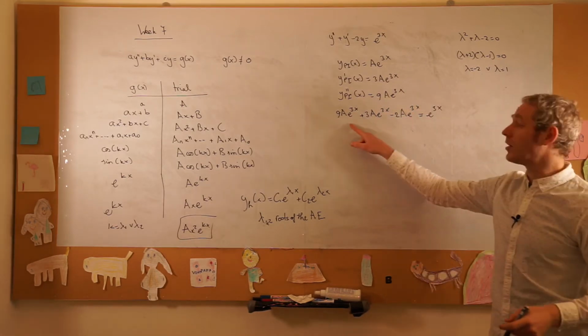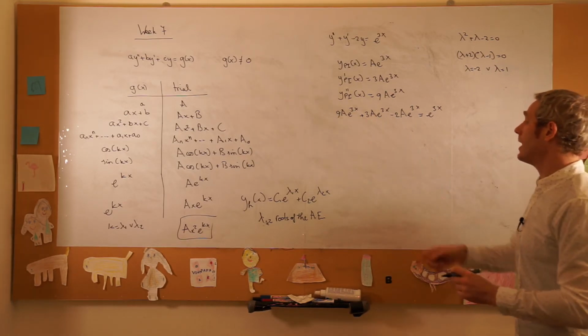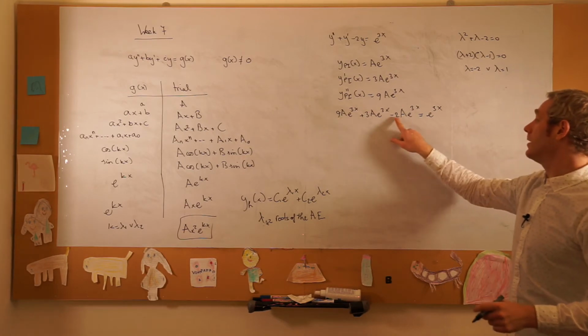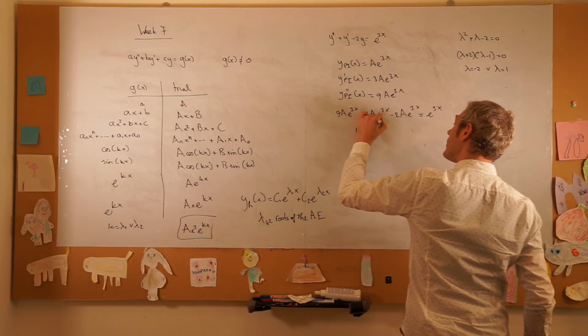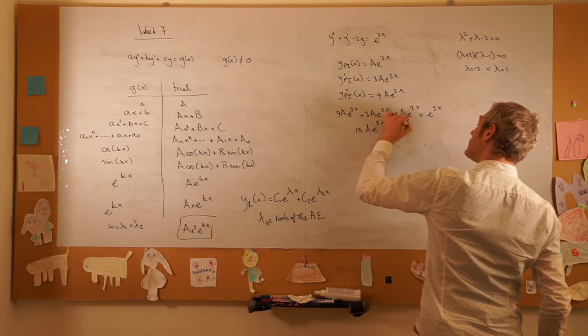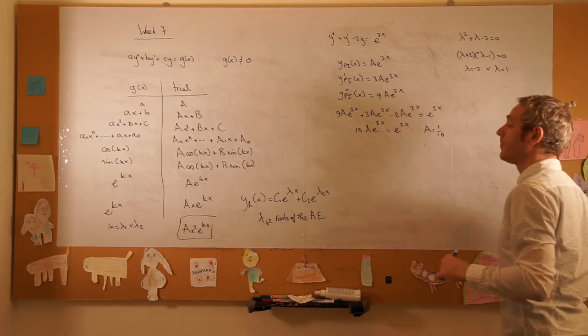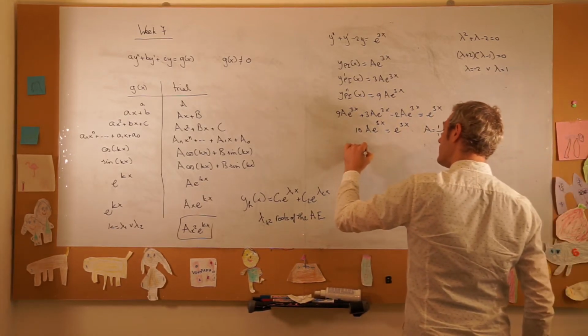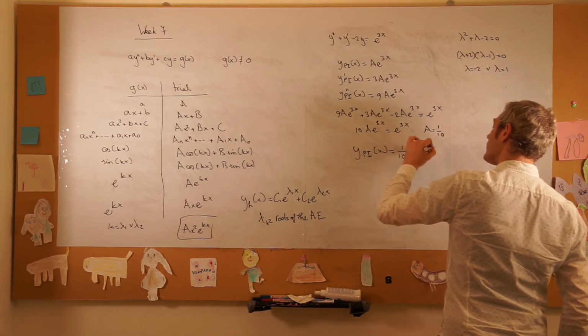Now these are all terms of the form something times e to the power of 3x. I have 9 plus 3 minus 2 is 10a e to the power of 3x, which has to be equal to this, which means that a is equal to 1 over 10. My particular integral is therefore 1 over 10 e to the power of 3x.